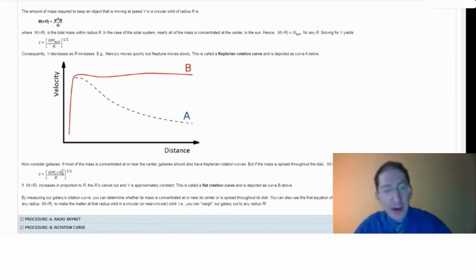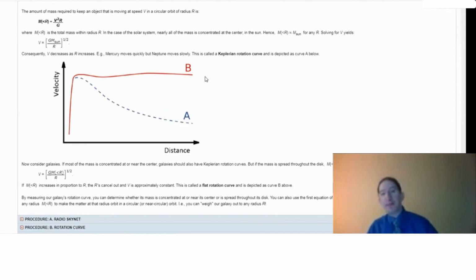So coming down here, if enclosed mass is proportional to distance from center, then that's going to cancel with distance from center in the denominator. In other words, you end up with a constant. So in this case, where the mass is distributed in this fashion, you end up with what we call a flat rotation curve. After you ramp up, then it stays flat for a great distance.